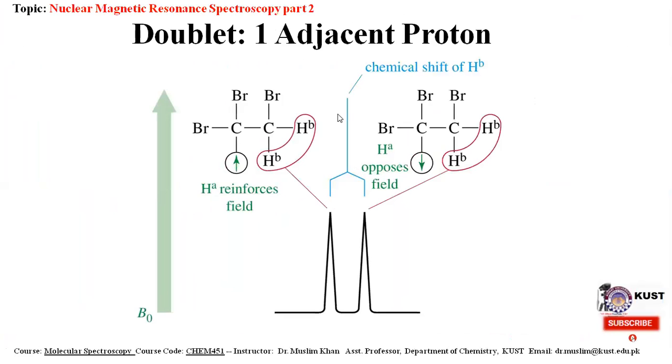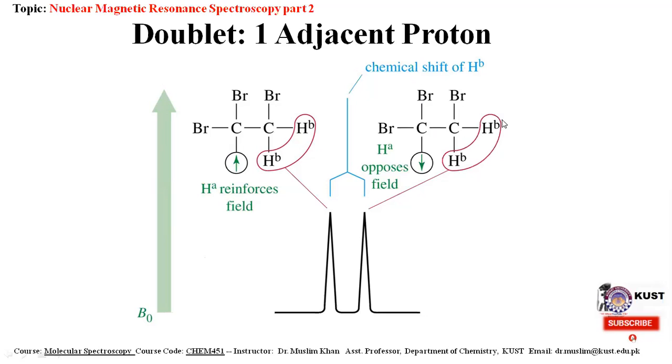For Ha, the hydrogen either reinforces the field or opposes the field, because on the adjacent carbon there is only one hydrogen atom. For one hydrogen atom there are two possibilities. One possibility is that it reinforces the external field, so this is the signal for reinforcement, with more chemical shift.